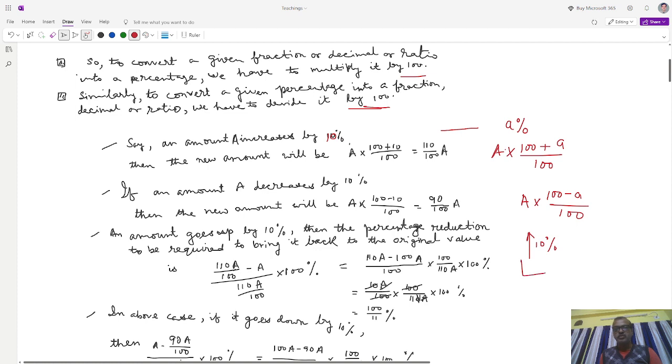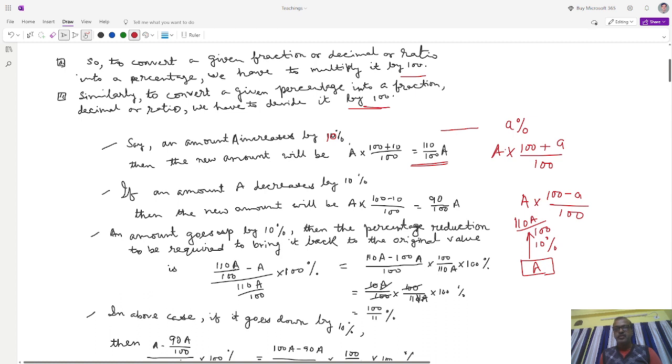Suppose A is the original value, it goes up by 10%, so the new value will be 110A divided by 100, as we have seen here.